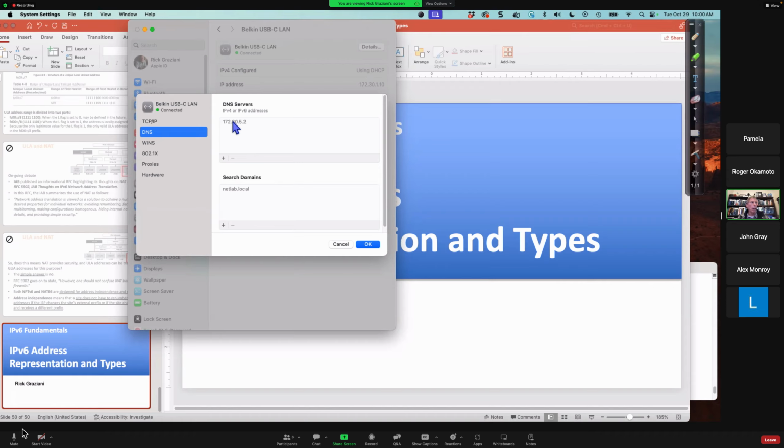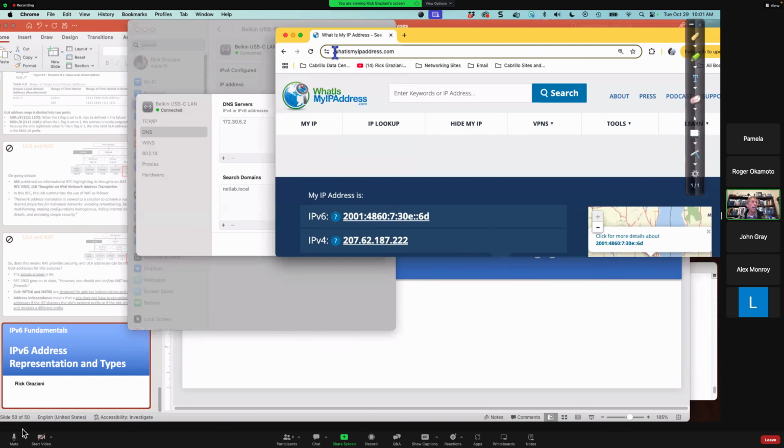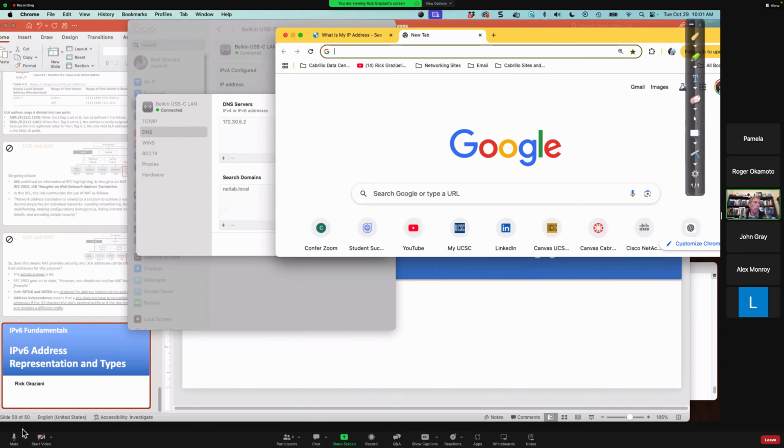If we don't have the address of a DNS server, it's going to look like you don't have an internet connection. You do, but you can't do anything because you don't have a server that will translate the name to an IP address. Wherever you go, Google or whatever, it doesn't translate to an IP address.